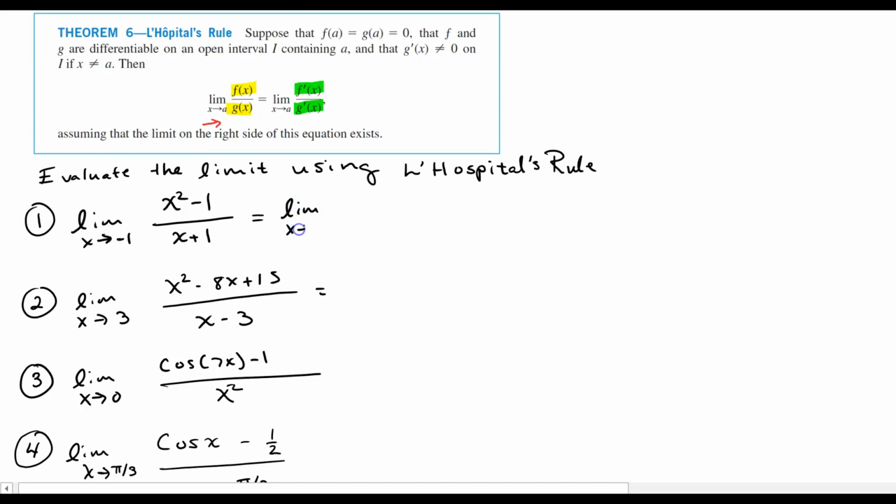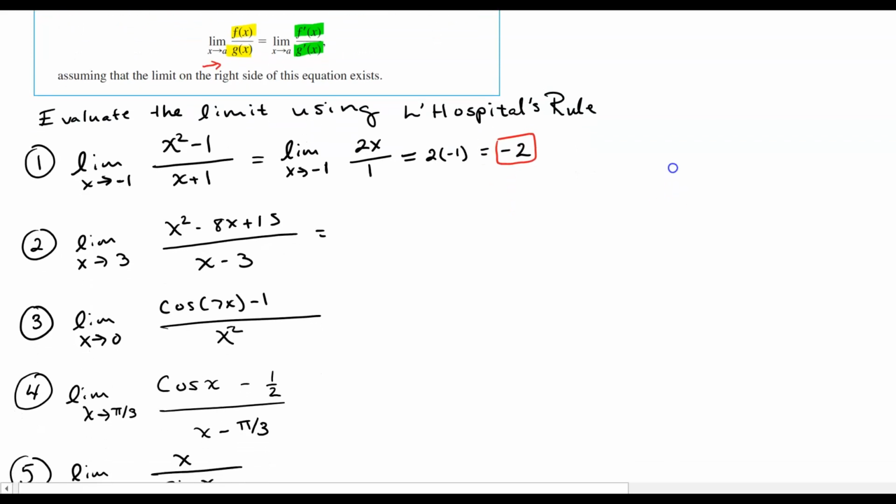We continue with the limit as x approaches -1, but in this case, the derivative of x squared minus 1 is 2x, and the derivative of x plus 1 is 1. Now we no longer have an indeterminate form. We can plug in the -1, evaluate the limit, and we get -2, our answer. So that's just briefly how L'Hopital's rule works.